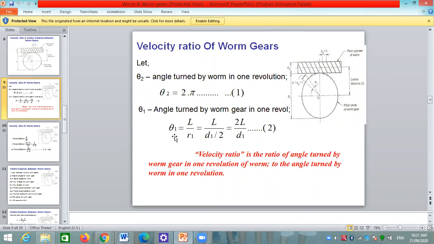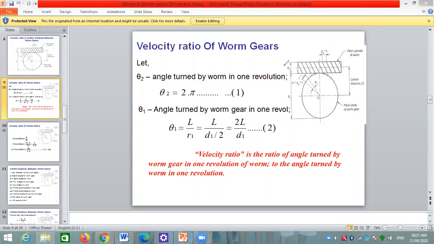Therefore, theta 1 is equal to L upon R1. We write R1 in terms of diameter, therefore L upon D1 by 2. We transfer this D1 to the upper side. Therefore, theta 1 is equal to 2 into L divided by D1.